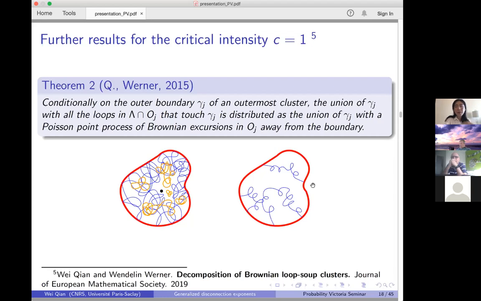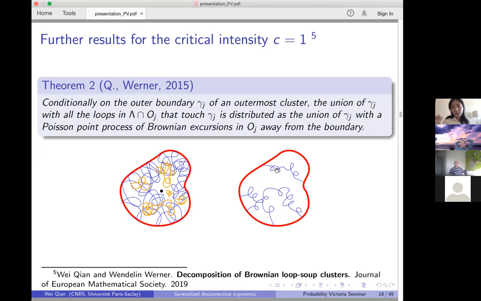So intuitively, on the left, these blue loops, they touch the boundary and bounce off the boundary. So in fact, they make excursions from boundary to boundary. Each loop makes a successive sequence of excursions. And on the right, you just directly have a Poisson point process of excursions.